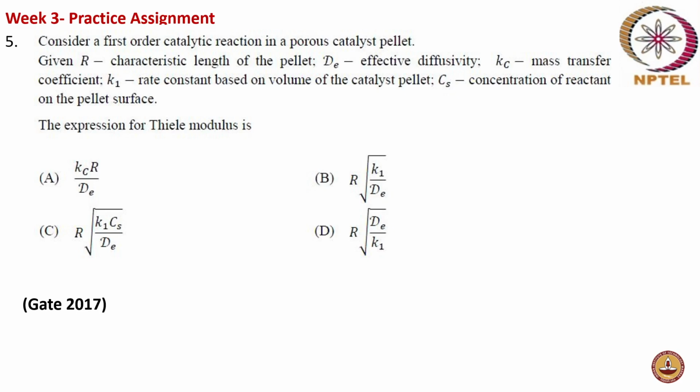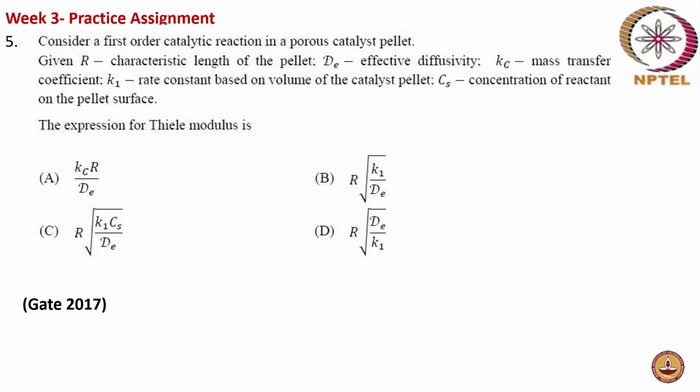What do you think? We discussed that Thiele modulus is the ratio of surface reaction rate to the diffusion rate, right? And here they have given the surface reaction as a first order reaction. So what will be the formula? You want to take a guess? We already discussed the formula for the square of Thiele modulus.